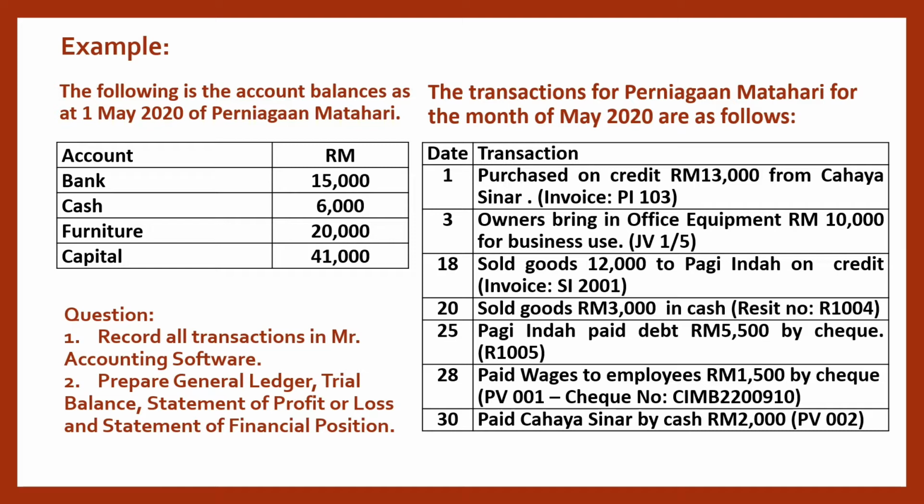On 25th May, Pagi Indah paid debt 5,500 by cheque. On 28 May, paid wages to employees RM 1,500 by cheque. And on 30th May, paid Cahaya Sinar by cash RM 2,000.